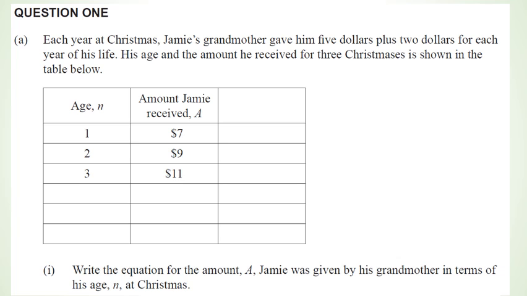If I make age 4, he'll be getting 13. If I make this 5, he'll be getting 15. Remember that the best way to do this is have a look at the difference between the numbers, and you can see that the amount of money that he receives is increasing by 2.